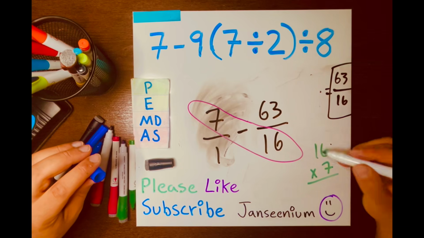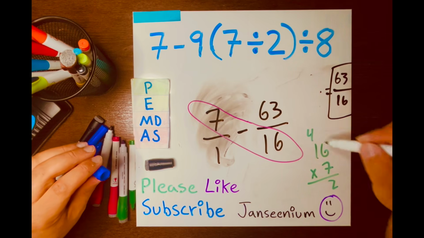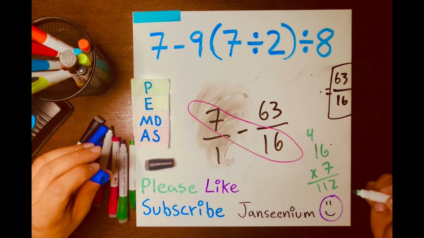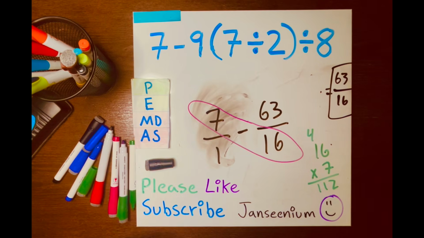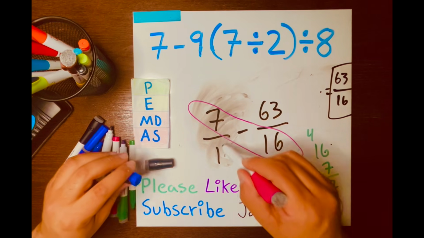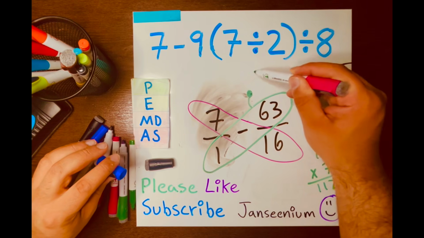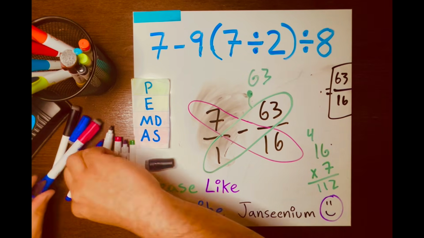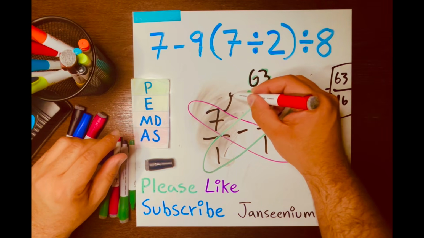So 6 times 7 is 42. And then 7 times 1 is 7, plus 4 is 11. So we have 112. And now we multiply 1 times 63. So it's 63. That's easy. That's 63. And here's the other antenna.